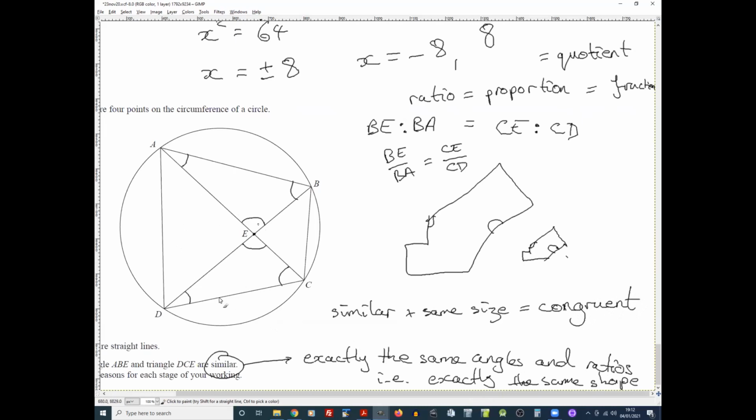But this isn't proving that they're congruent, because they might not be. I was just wondering if they were, would they have to have any parallel lines here? I still haven't worked that out. All we have to do here, though, is show that all these angles are the same. So we've shown that those are the same because they are vertically opposite.